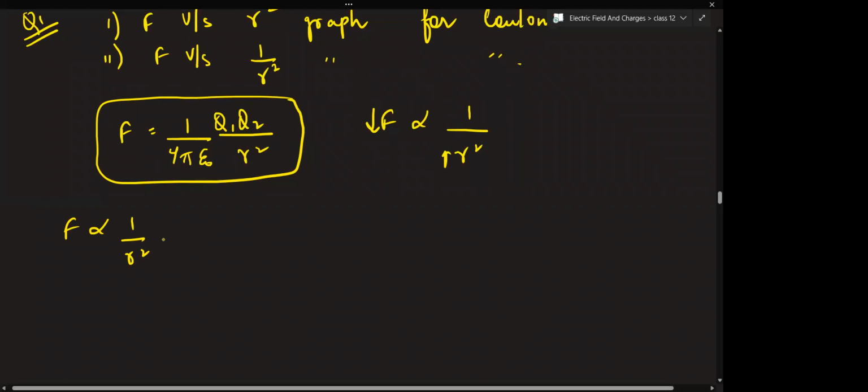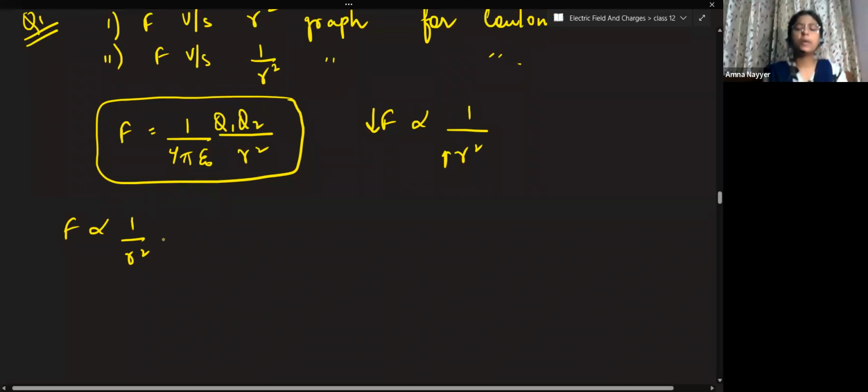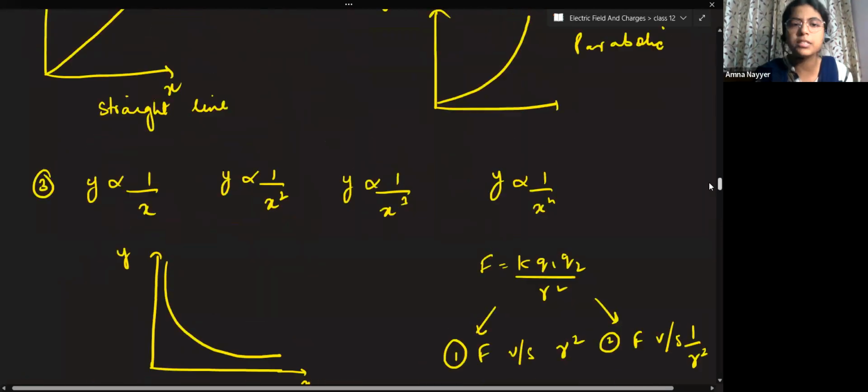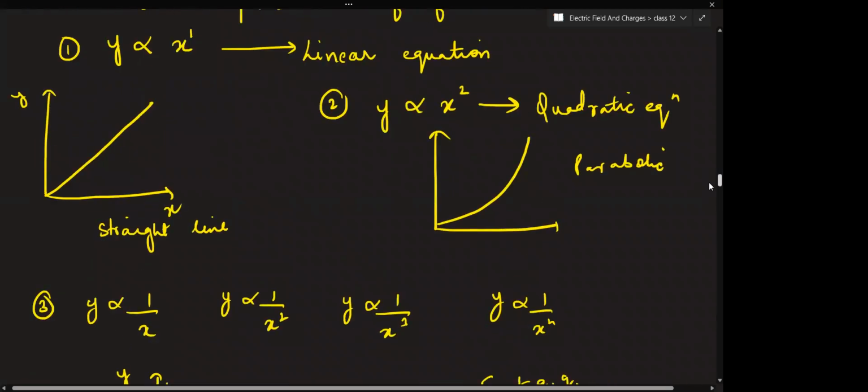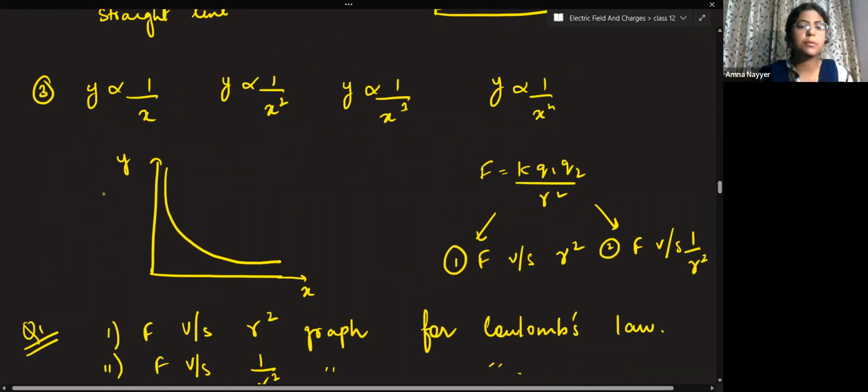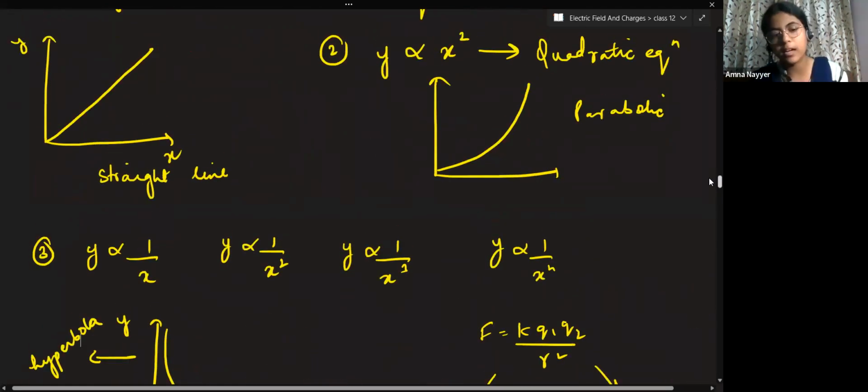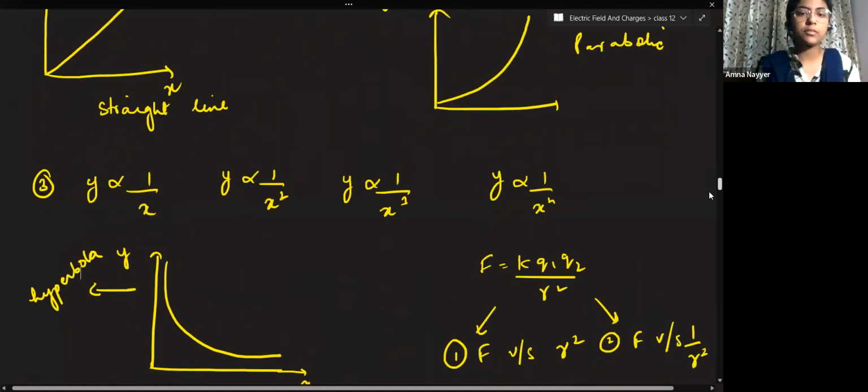Inversely proportional. So in inverse proportion, what kinds of graph do we get? We had seen three major types: 1, 2, and 3. The third one is the hyperbola. The first one is the straight line graph, the second one is the parabolic graph, and the third one is the hyperbolic graph.